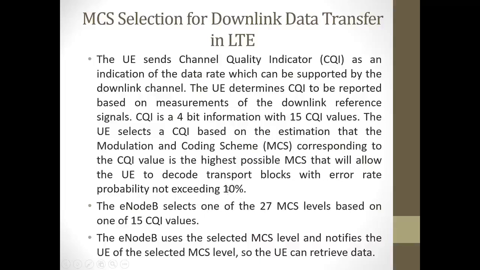You don't have to set the MCS level too low to make all transport blocks correct; that will be inefficient. On the other hand, you shouldn't suggest a CQI that is too optimistic, so that many packets are in error and there are too many retransmissions, which will make the overall data rate even lower.